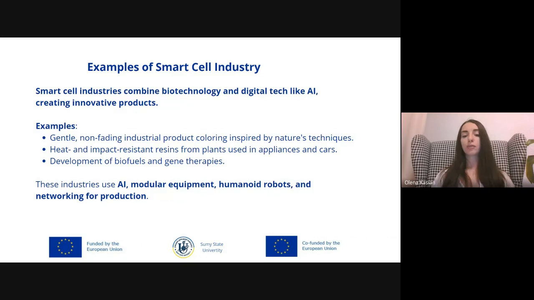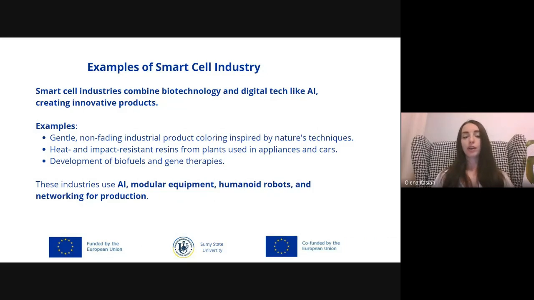Biotechnology has undergone a remarkable evolution and development through the integration with IT, artificial intelligence and other cutting-edge digital technology in the fourth industrial revolution. Smart cell industries have further promoted this integration.